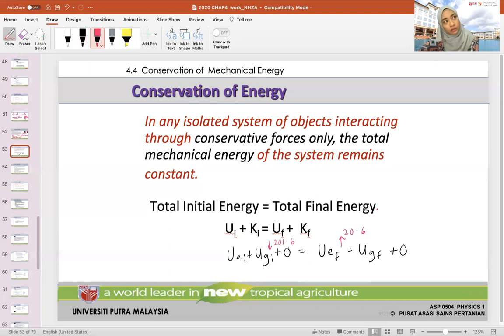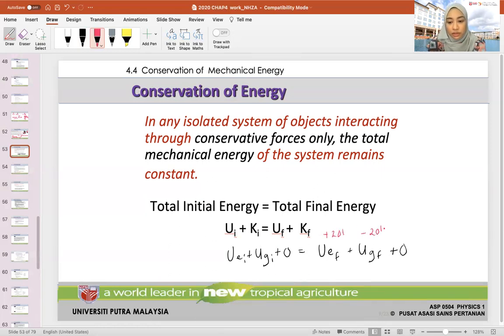Wait. No. UE final is the last state, sorry. So we got increased.